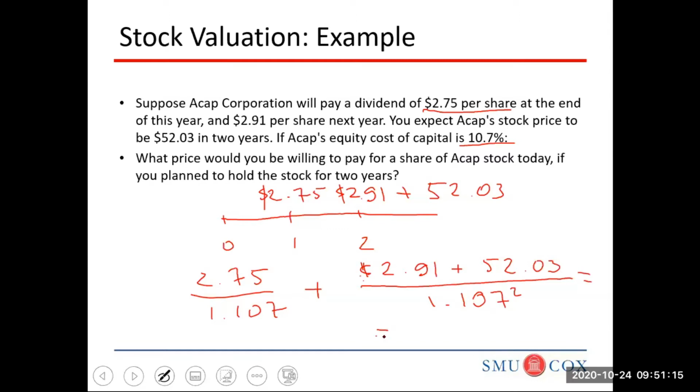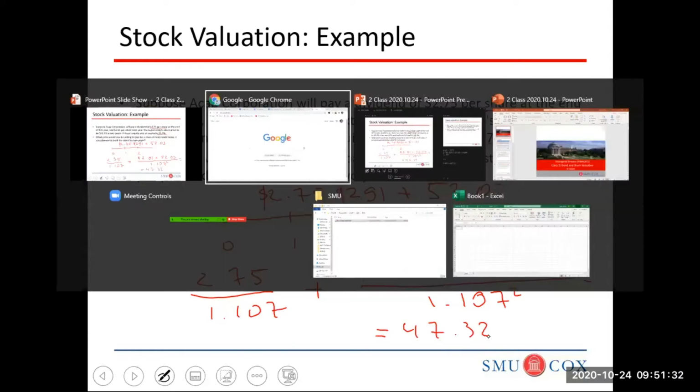Does anybody try that? Or maybe you can use your financial calculator as well. 47.32, right? And let's try the other way.